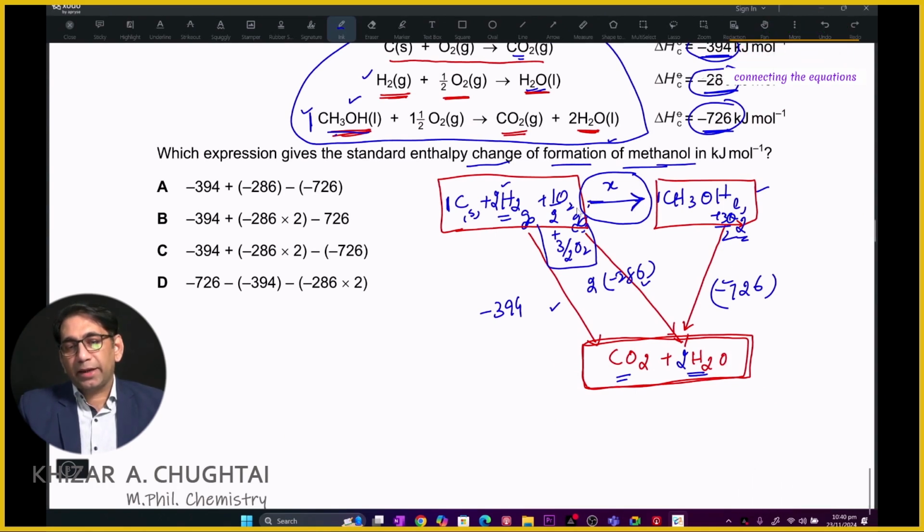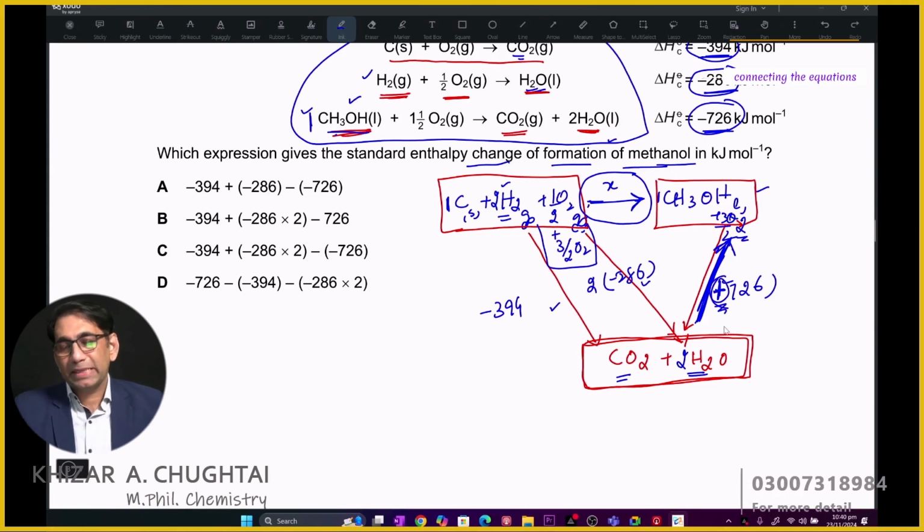Its tail is connected with the tail, yes, but its head is not connecting with the head. So I will have to flip this vector, and its answer will also be flipped. So I'm changing its sign, or you can write it minus 726. Now the rest of all the answers will be added up.